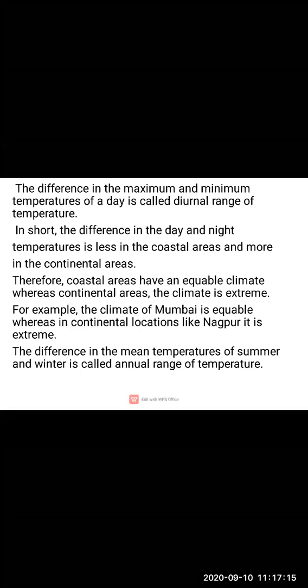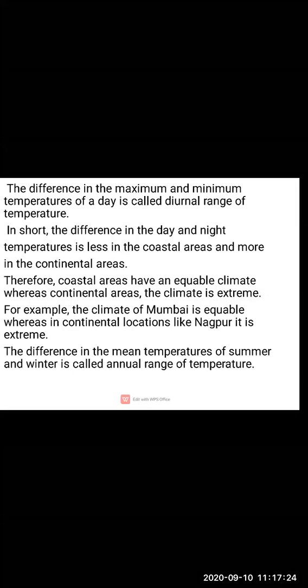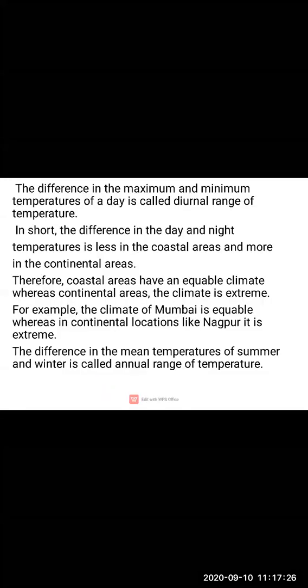The range of temperature is less, whereas it is found to be higher in the Vidarbha region. Because of that, the coastal areas have an equable climate, whereas in the continental areas the climate is extreme.